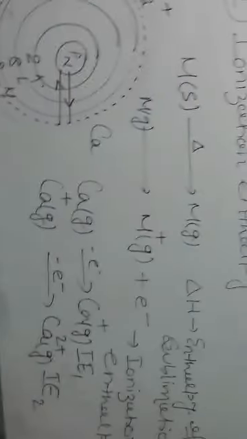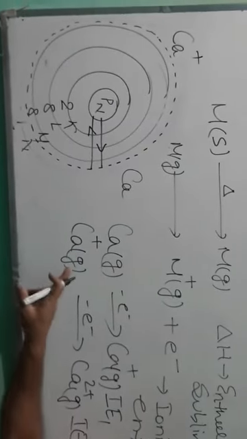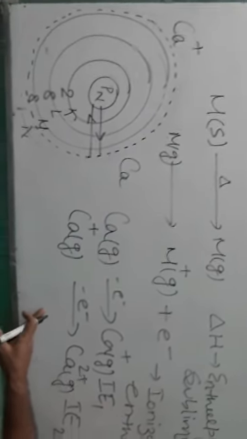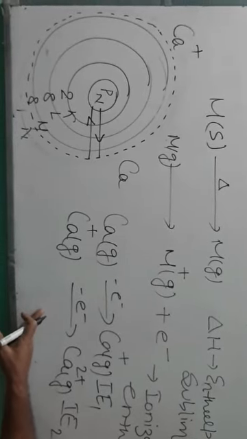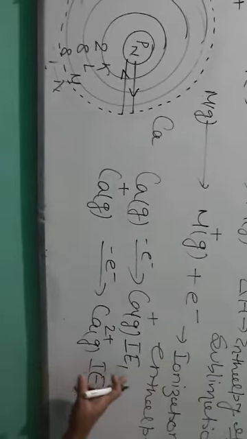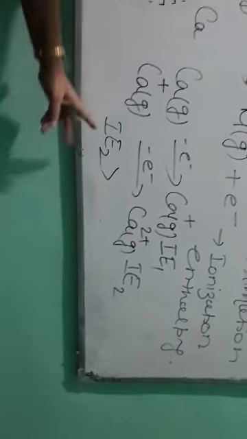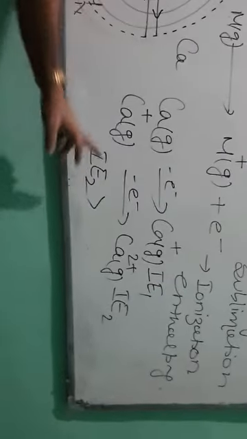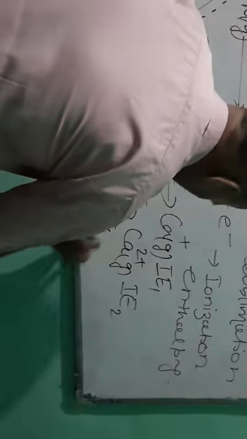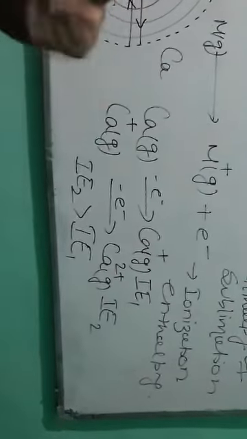The energy required for the removal of the second electron will be larger compared to the first one. So the value of IE2, the second ionization enthalpy, is larger than the first ionization enthalpy.